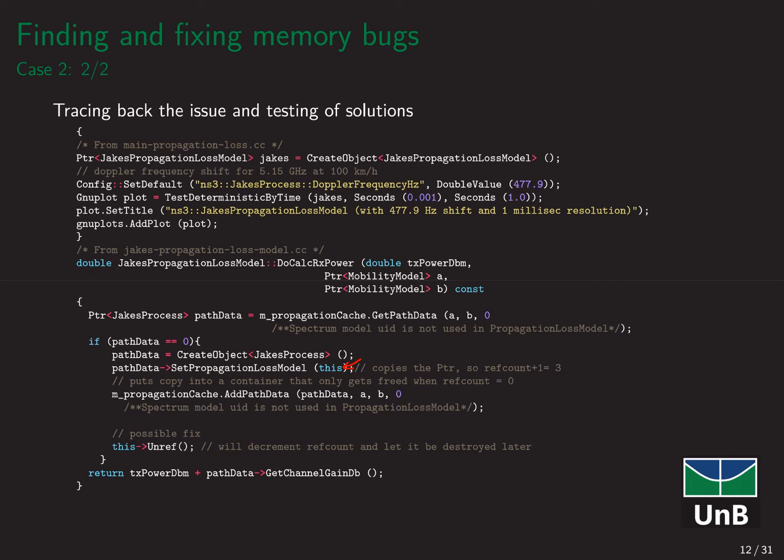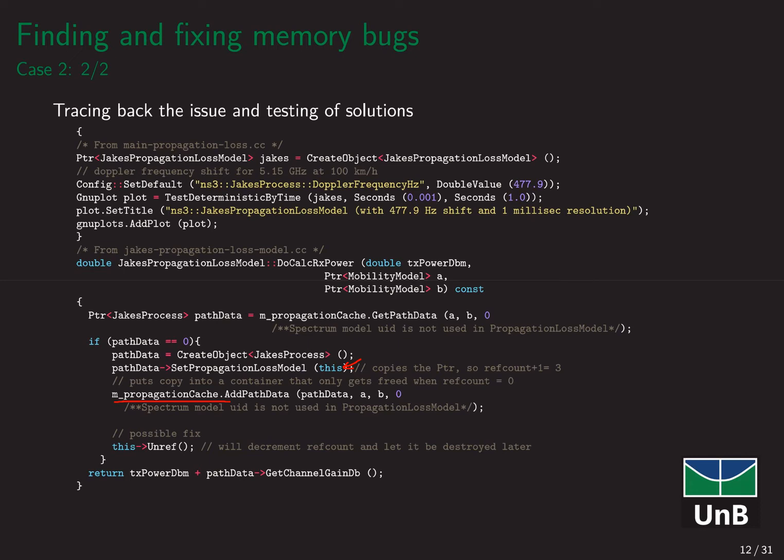And this copy was added to an m_propagation cache variable, which was kept until the Jakes process was destroyed. But it was only destroyed when Jakes propagation loss model was destroyed too. So it ended up never being destroyed.